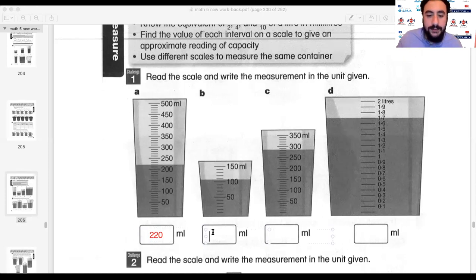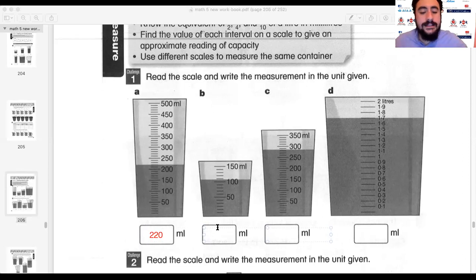Okay, what about letter B? 50, 60, 70, 80, 90, 100. So this is above 100, but it doesn't reach 110. So maybe 105?